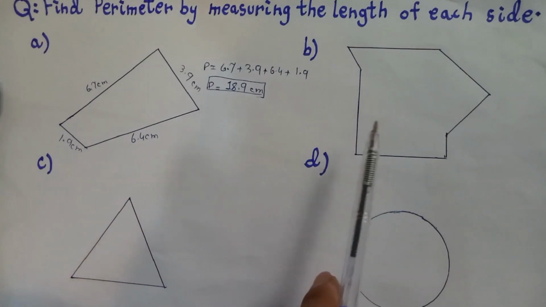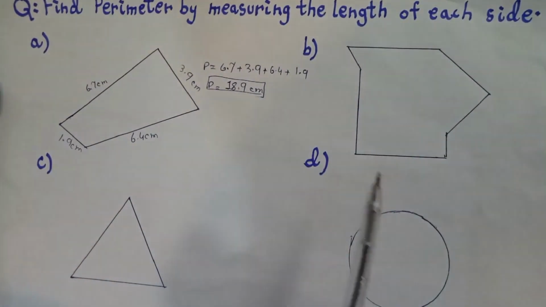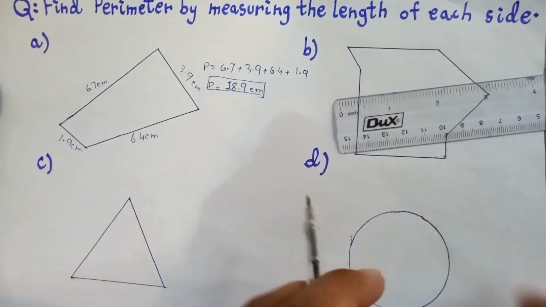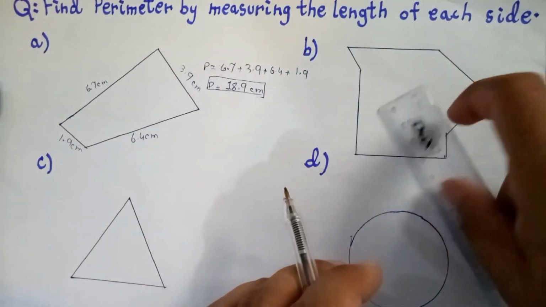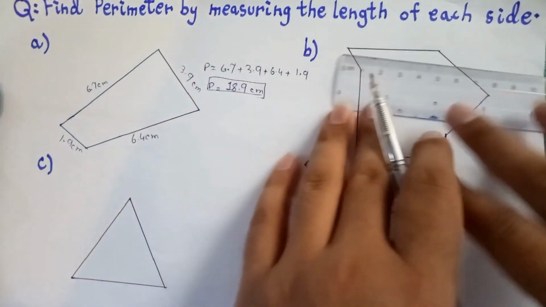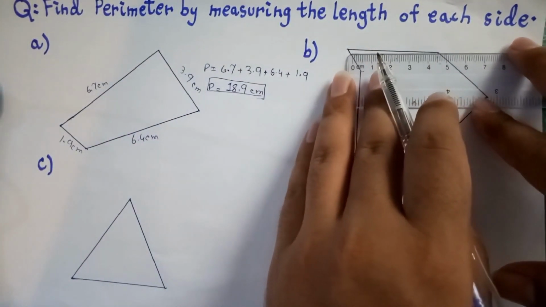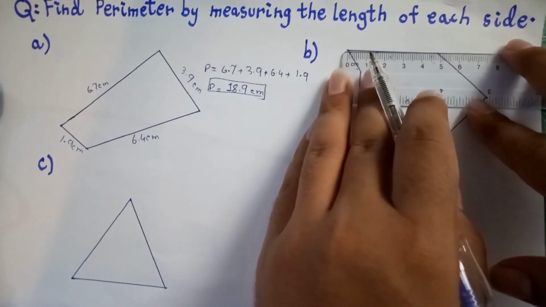So here in our B part it is a 7-sided figure. First of all we have to measure all the lengths. So let's start. Okay, you have to use centimeters. Clear? Alright, so here we have to put 0 here.